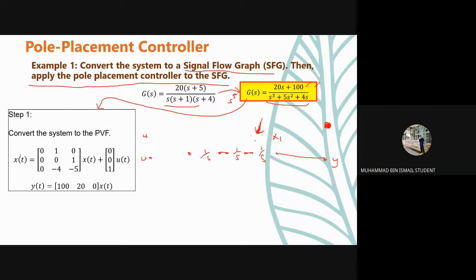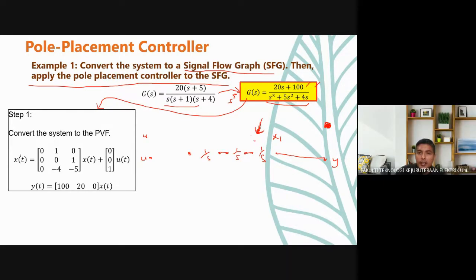X dot 1. Okay. Normally in the table, we say that x1 dot equals what at here?